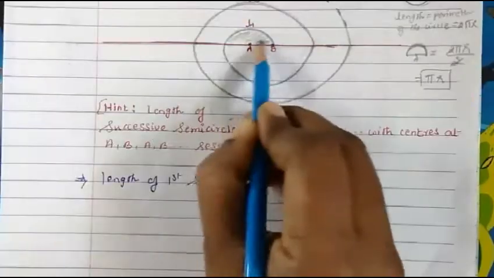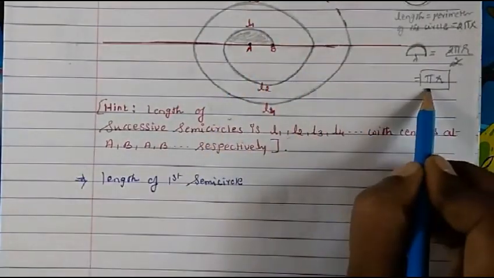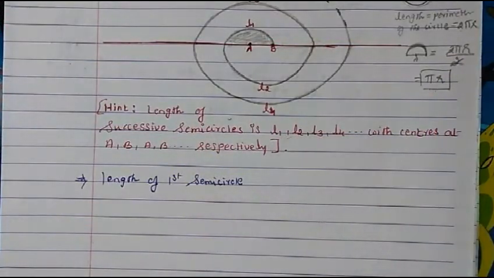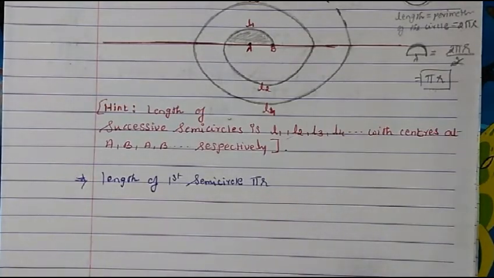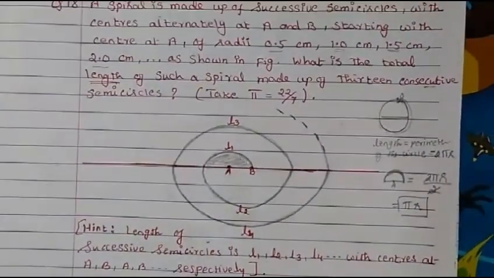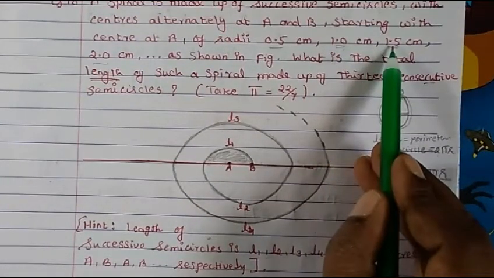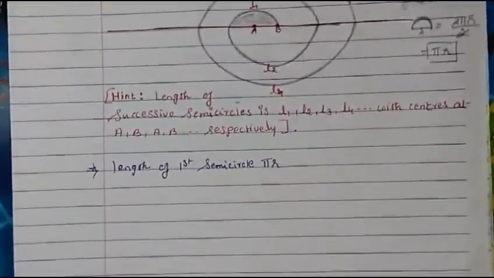Now for the length of this first semicircle, we saw the length of a semicircle is pi r. So the length of the first semicircle will be pi r. Then the radius is given to us in the question. Center is A. Radius is 0.5. The next one is 1.0, then the following third one is 1.5, then 2.0. So remember that.